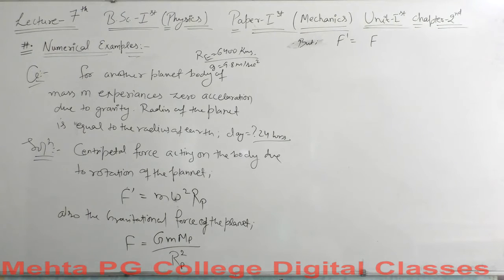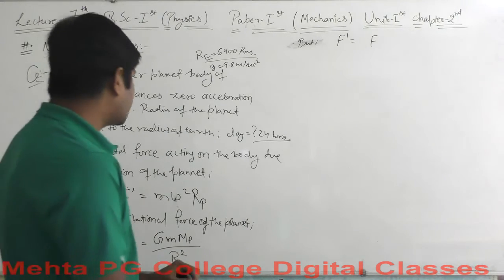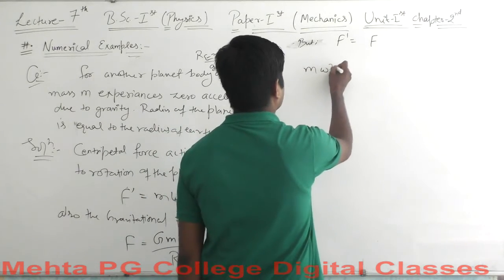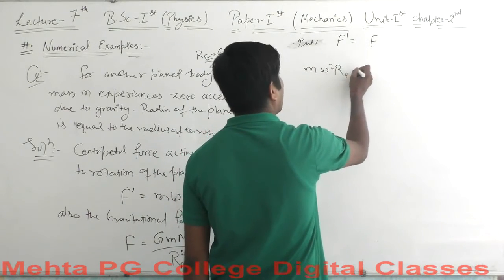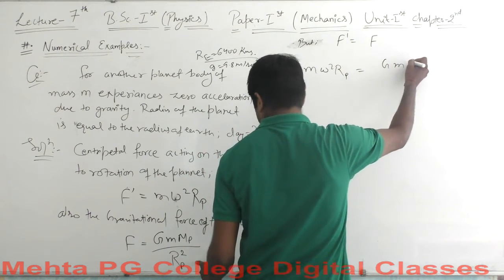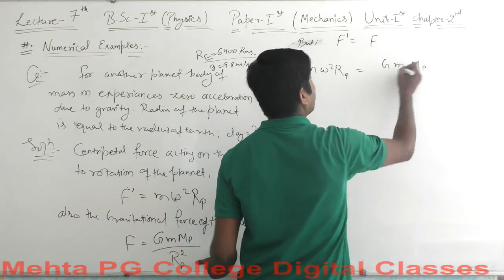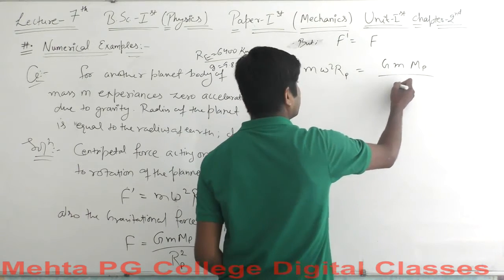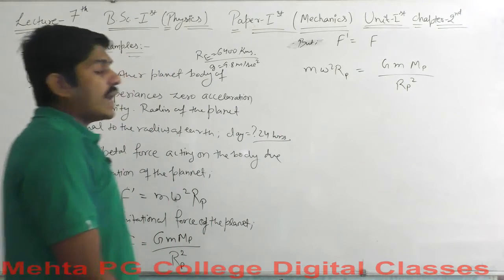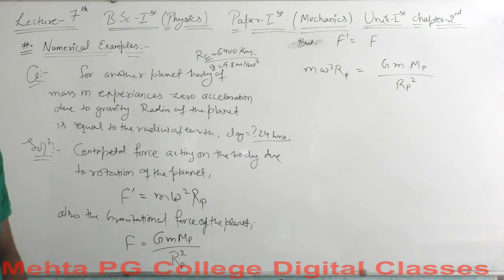Okay, so let's write all the values here. m omega square rp, and F is equal to G m mp over rp square. So solving all these things, what do we end up with?